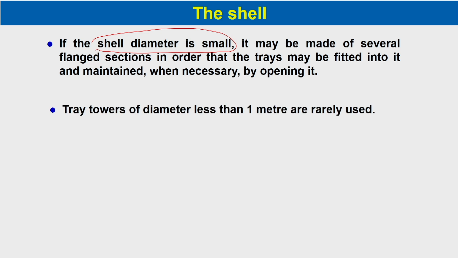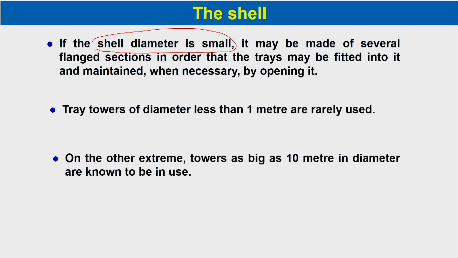Tray towers of diameter less than 1 meter are rarely used. On the other extreme, towers as big as 10 meter in diameter are known to be in use. So, in industry you would find very big diameter towers, generally varying between 7 to 10 meter diameter.